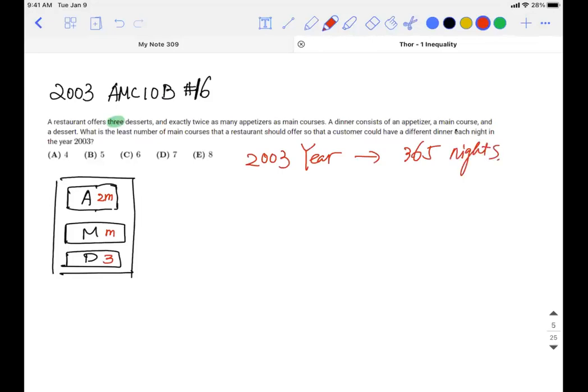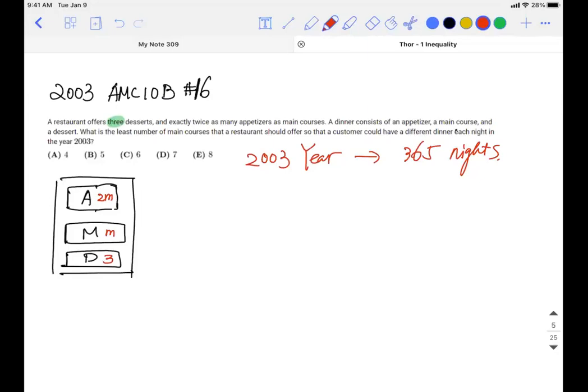So that means the customer should have a combination of different appetizers, main courses, and desserts, put together, and then you're going to have at least more than 365 options, right? That's the only way to cover pretty much the entire year. This is basically what the question is asking.